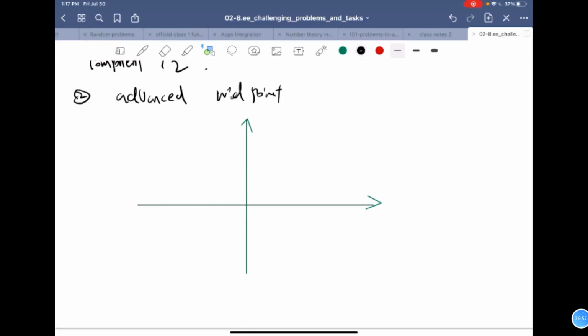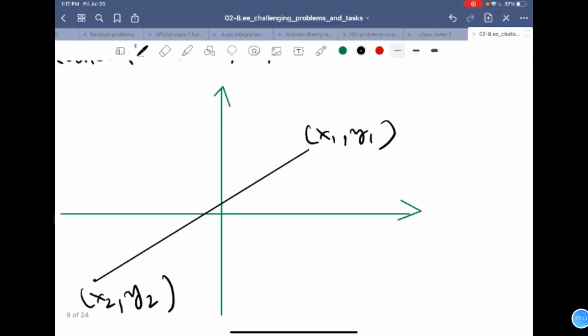Here's the thing. We call this x1, y1. We call this x2, y2. Now we claim the midpoint is x1 plus x2 divided by 2, y1 plus y2 divided by 2.